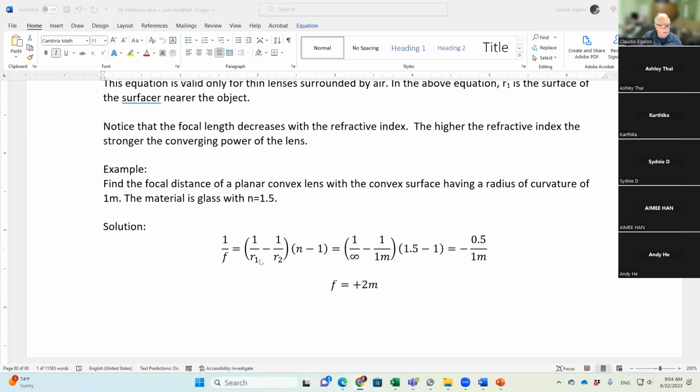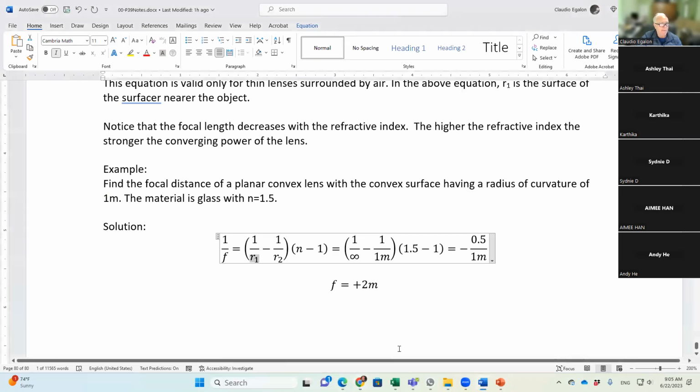So it should be all the way around. That should be infinity here. Okay, so that's what we end up getting. I'm going to put it all the way around here, plus.